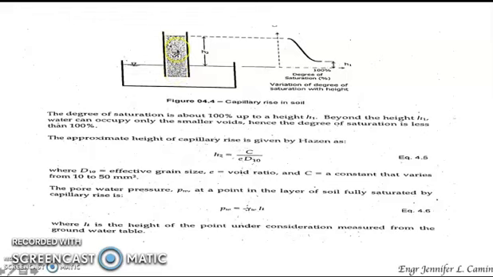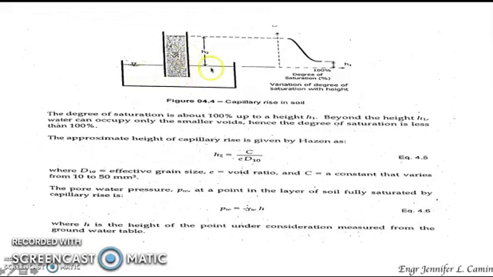So we now have the capillary rise. In our previous discussion in fluid mechanics, you already encountered capillary rise. However, capillary rise in soil is somehow different: it is the movement of water upward due to the pores of the soil.